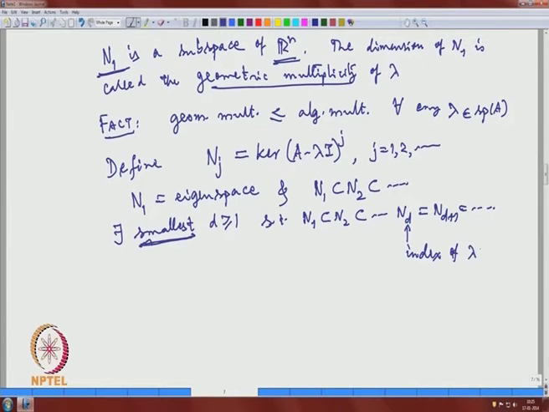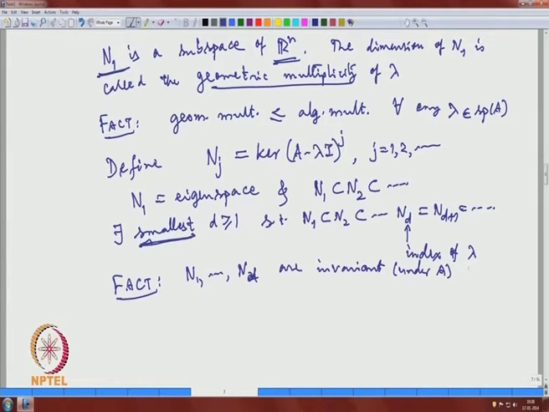So, we have fixed a real eigenvalue lambda, and we are just discussing that. So, again one more fact. These are all subspaces. Okay, this N1, N2, ..., Nd are invariant under A. Okay, let me not stress that again and again.